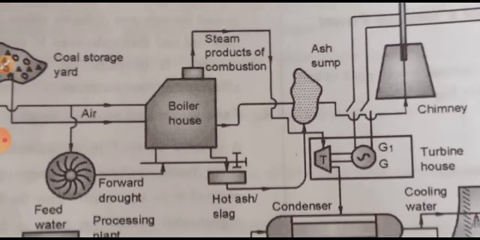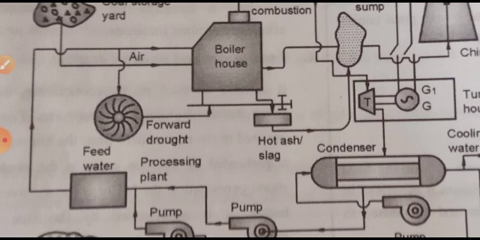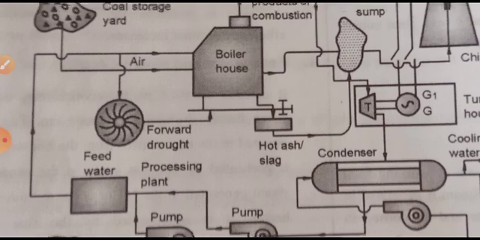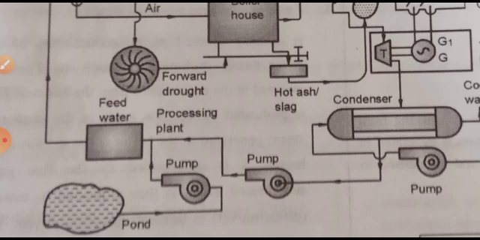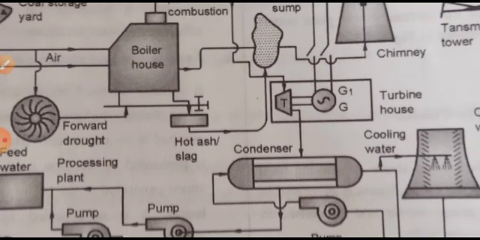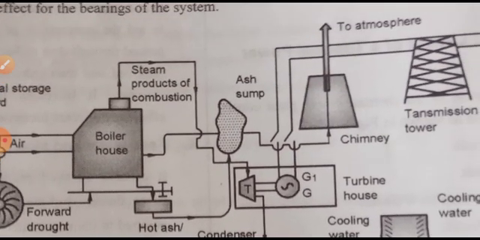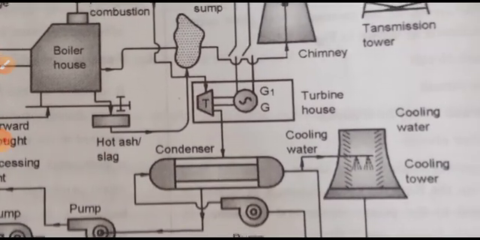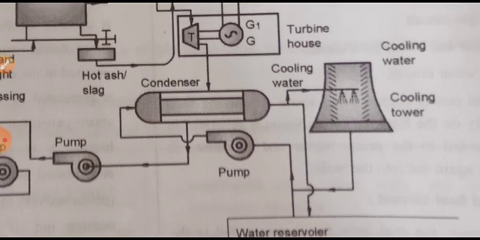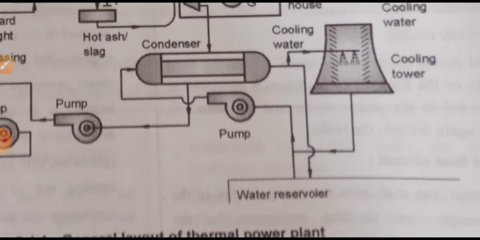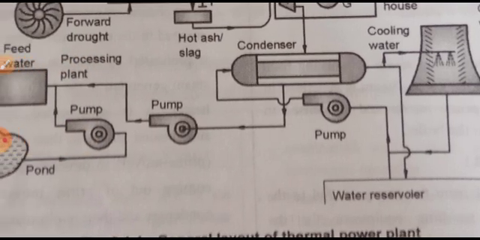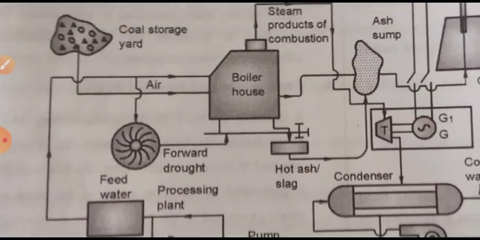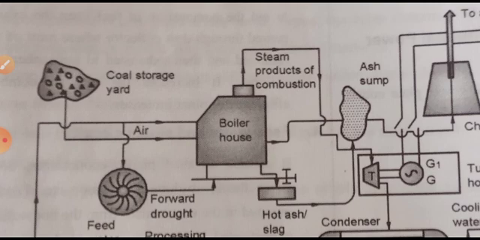Here you can also see the air preheater, water supply, pumps, ponds, generator set, the chimney for exhausting the flue gases to the atmosphere, ash handling system, cooling system, cooling tower, condenser, pump, and water reservoir. See carefully all these components which are very necessary.